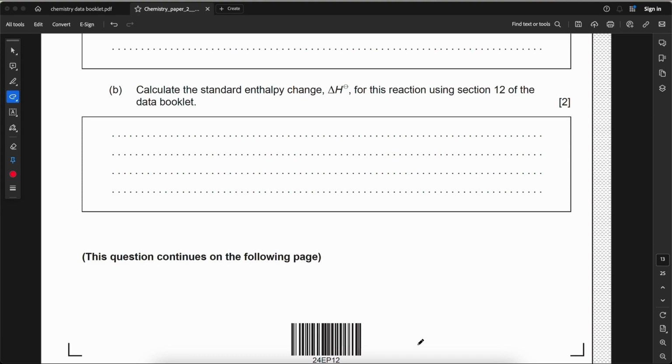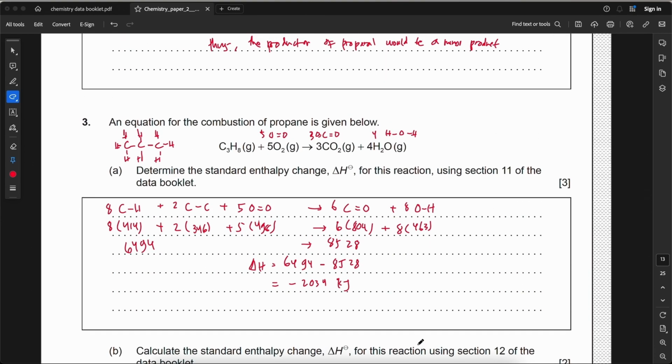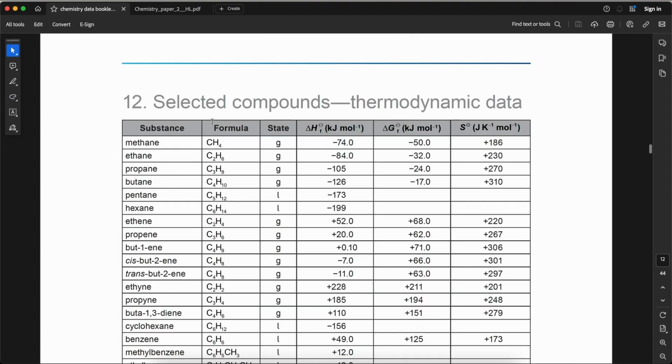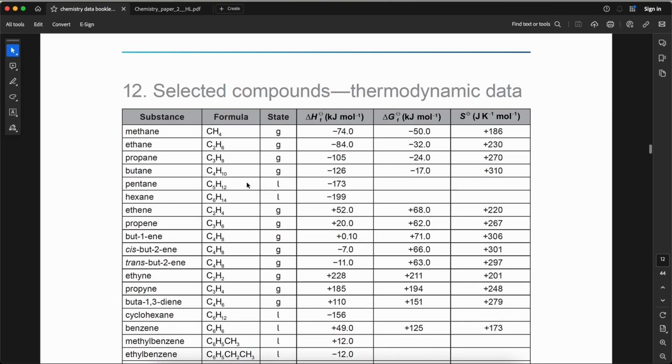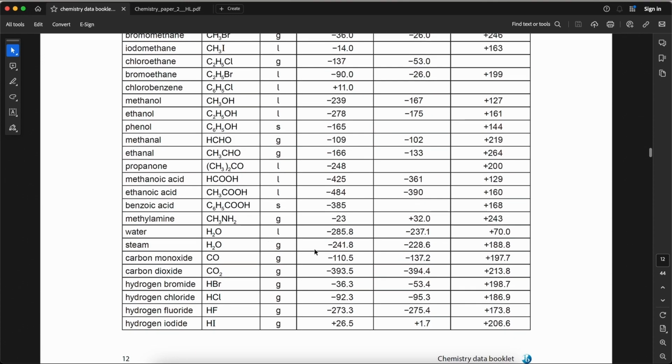Calculate the standard enthalpy change delta H for this reaction using section 12 of the data booklet. So we need propane, oxygen is 0, CO2 gas and H2O gas. So we need propane and then H2O, but it should be gas, and then CO2.